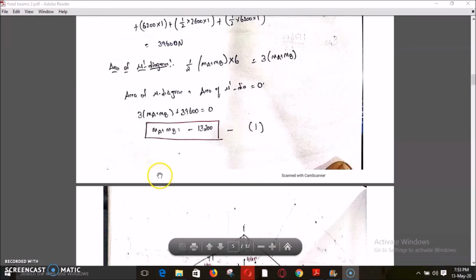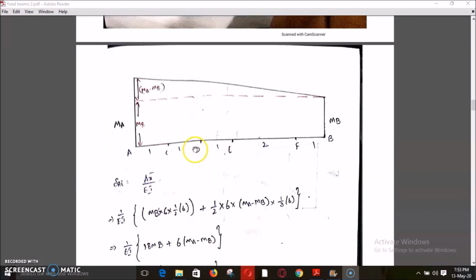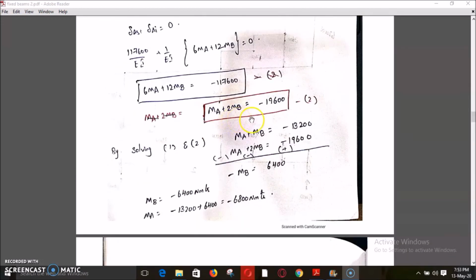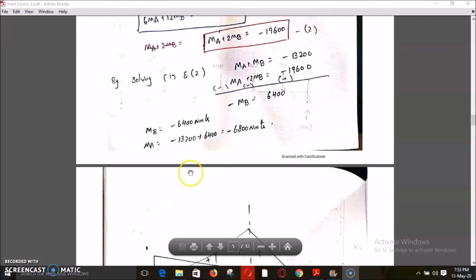Previously we got one equation, that is MA plus MB is equal to minus 13,200, and now we got another equation, that is MA plus 2 MB is equal to minus 19,600. So by solving both these equations, we will get the MA and MB values. MB value is minus 6,400 Newton meters, and substituting this value here, we got MA as minus 6,800 Newton meters.